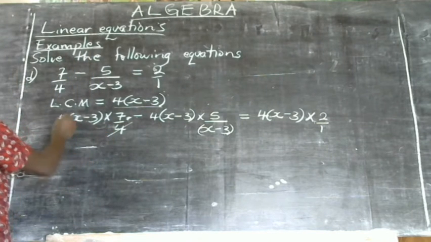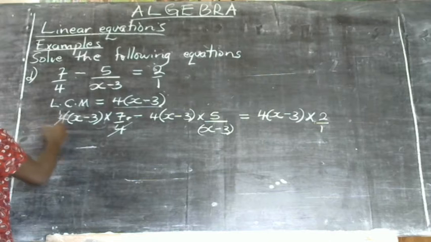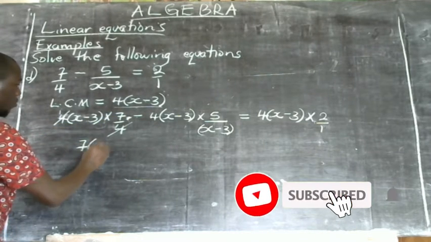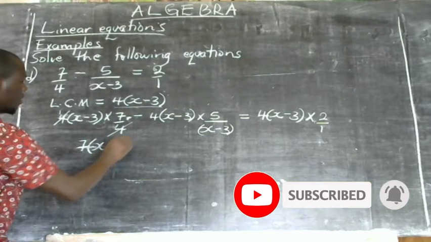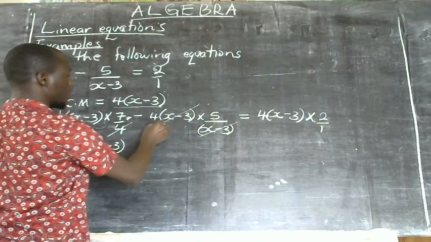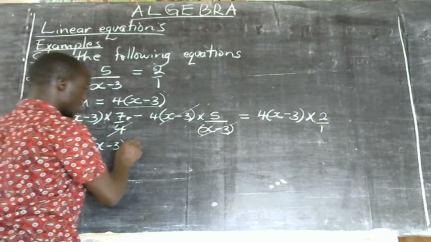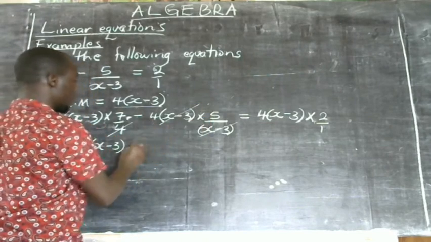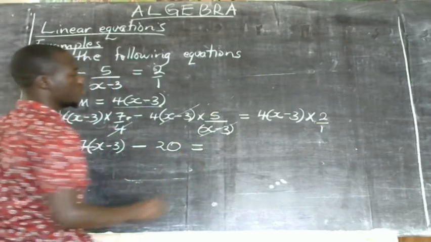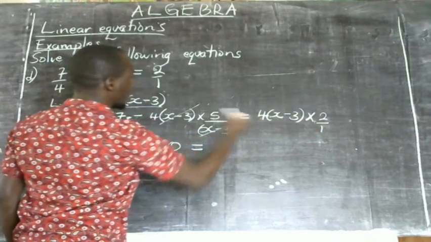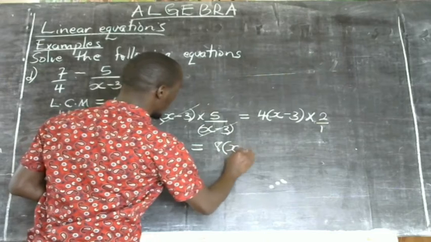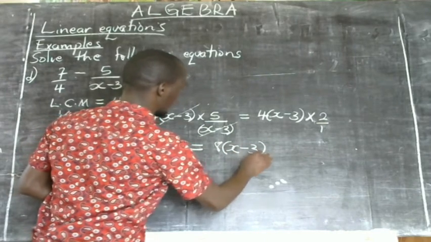The 4 reduces the 4 to 1, so 1 times this bracket, then times 7. So that's going to be 7 into the x minus 3. Here, this bracket of x minus 3 is the one that cancels out. And then I remain with 4 times 5, which gives me minus 20 is equal to, the 2 will multiply the 4 to have 8 into x minus 3.